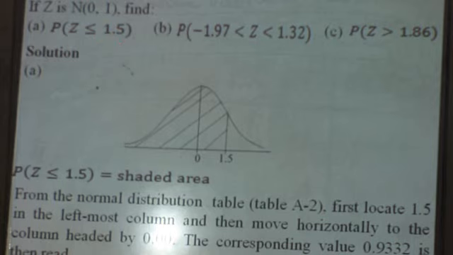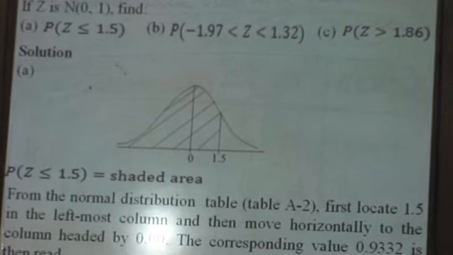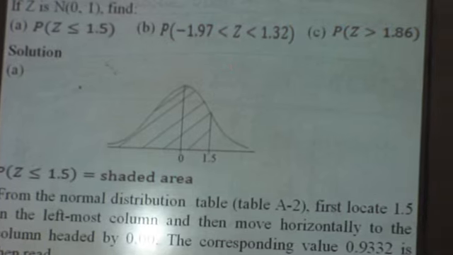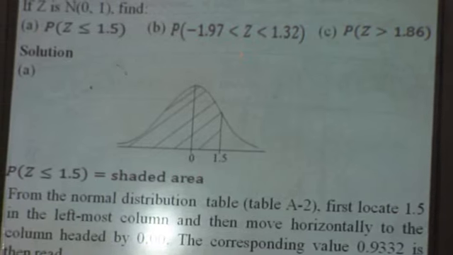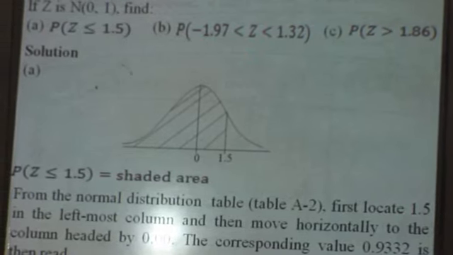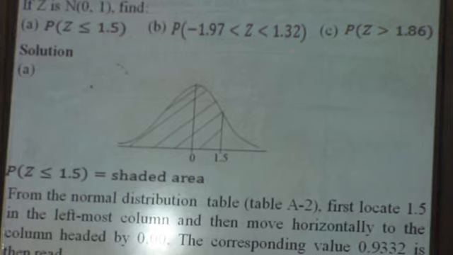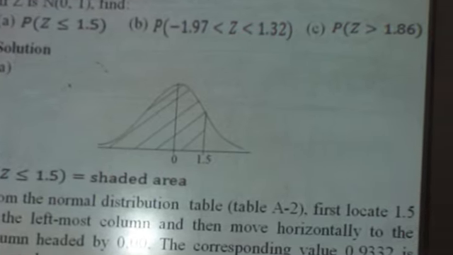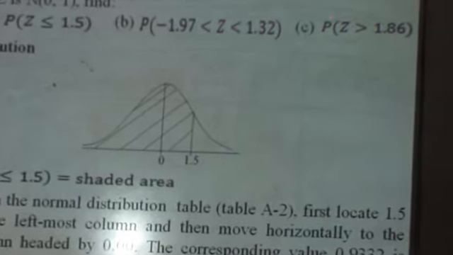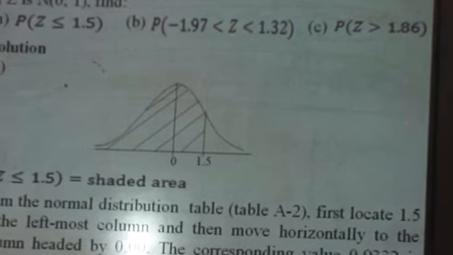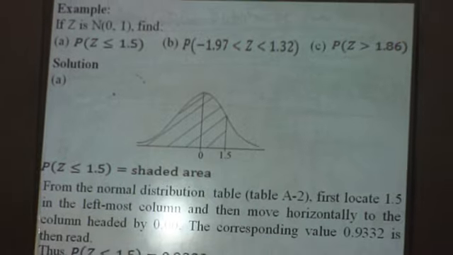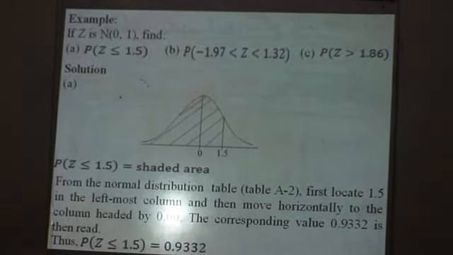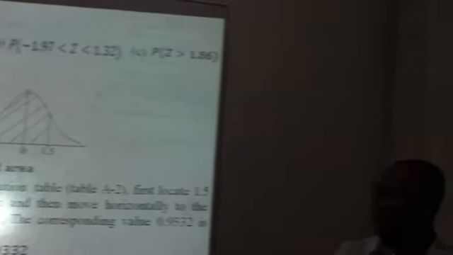B, probability of negative 1.97 less than Z and Z less than 1.32. Then C, probability of Z greater than 1.86. So I want us to take these examples one by one.